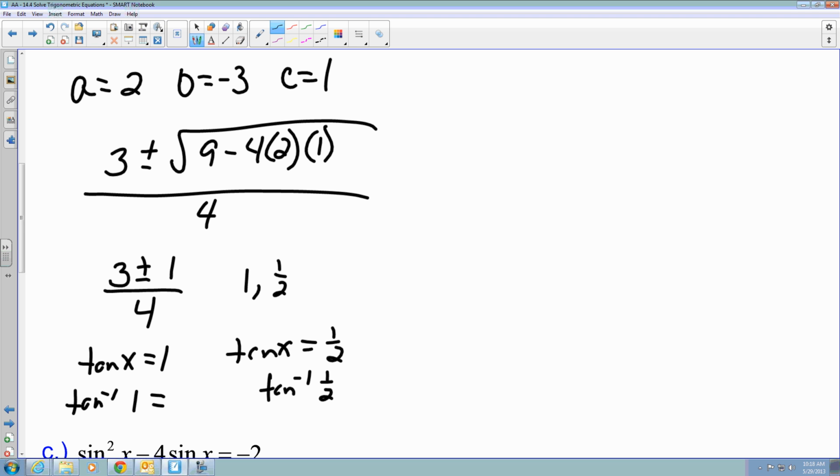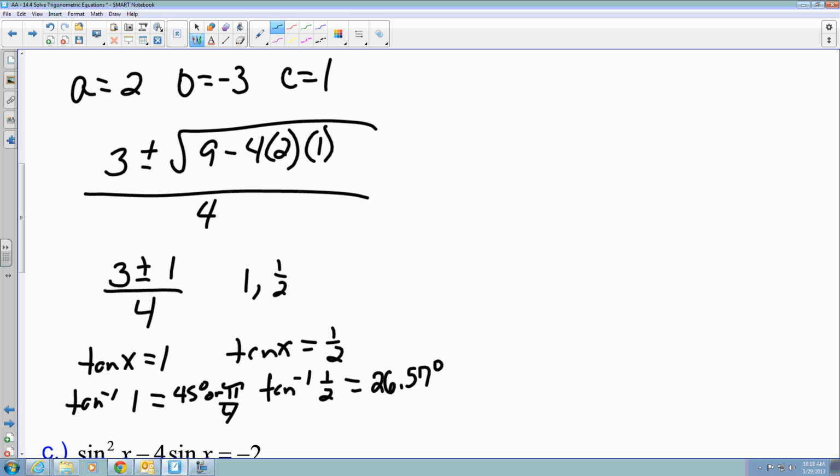So if we're going to take the inverse tangent of 1, we're going to get 45 degrees, or pi over 4. And then in this case, I'm taking the inverse tangent of 1/2, and that gives us 26.57 degrees.